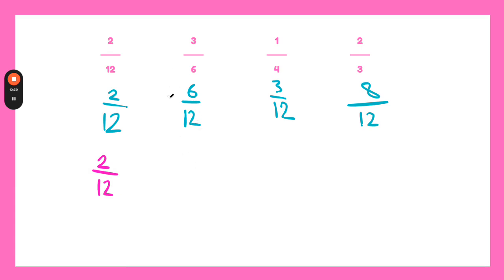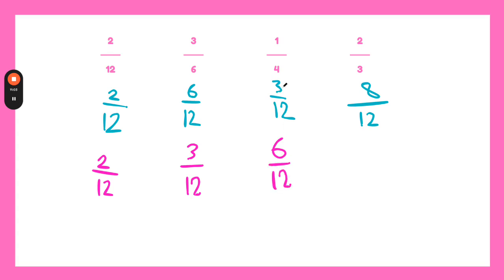Okay, so our next smallest would be what? Between 6, 3 and 8. 3 over 12. Because 2 is the smallest, then 3 comes after 2 as the next smallest. 6 and 8, which is the smallest? 6. 6 over 12.